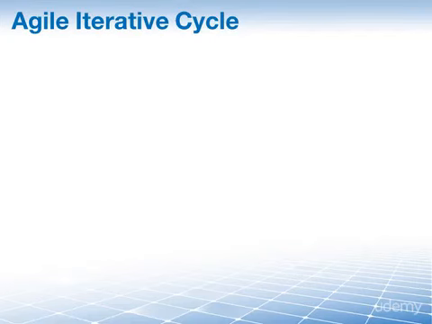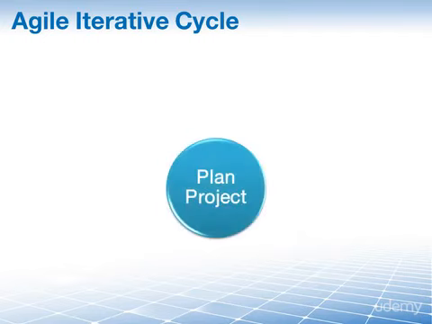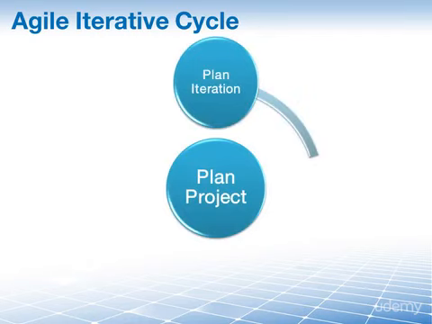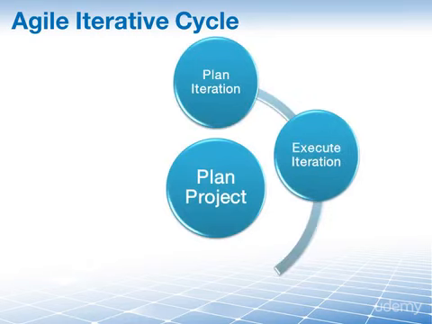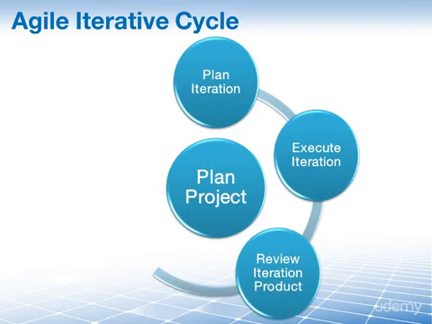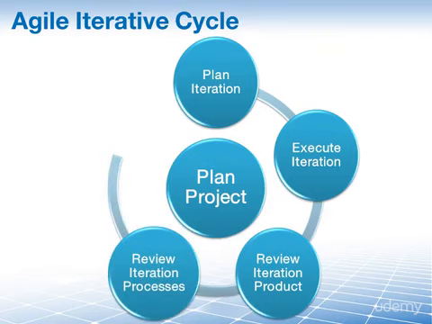So, now that you know the basic process that is most often followed when implementing Agile on your project, here is a quick recap of the process. On a typical Agile project, you will want, in this specific order, first of all, to do Agile project planning, then Agile iteration planning, followed by the Agile iteration work execution, and once the work is executed at the end of the iteration, you will do an Agile iteration product review and an Agile iteration process review, also known as the retrospective.